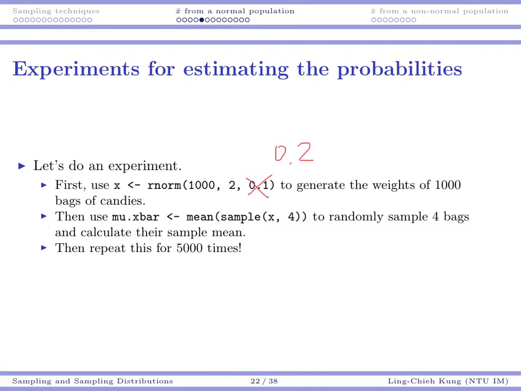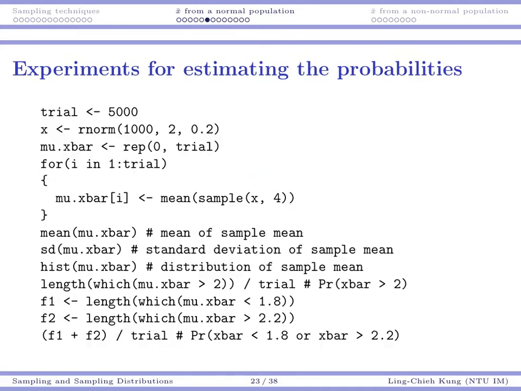Tomorrow you get another sample mean, that's another number. So if you really want to know the expected value of your sample mean, you need to do a lot of experiments and then average them, or calculate their standard deviation, or draw a histogram to get an understanding of that sample mean.